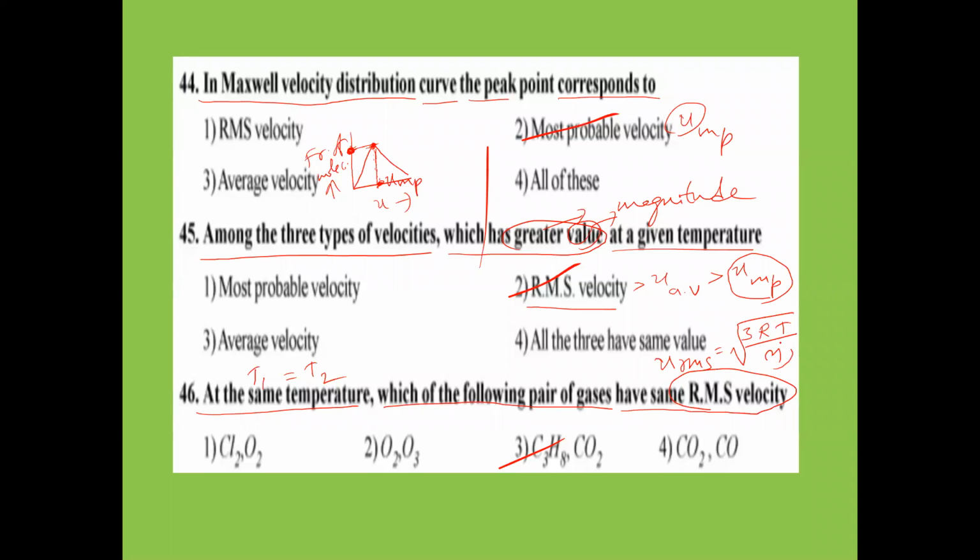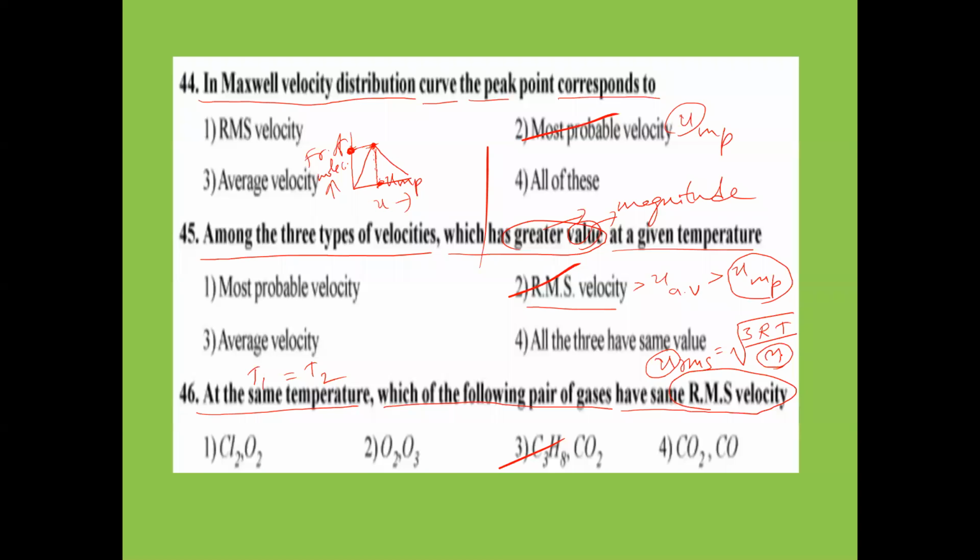Now, how are molecular mass and velocity related? Inversely. RMS velocity is inversely proportional to the square root of molecular mass. Temperatures are the same, and R is constant, so 3RT will be constant. Then what will be variable for the two gases? The gram molecular weight.